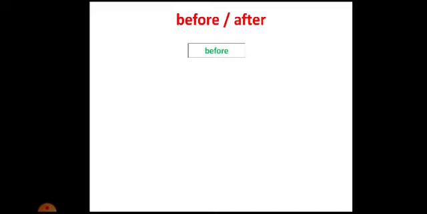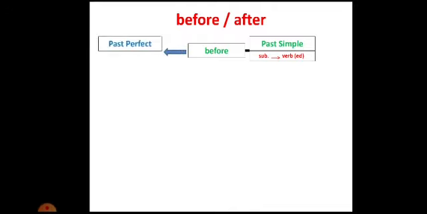Before is followed by the second action. So of course, the past simple would be with before, which is formed with subject and verb in the past form. So there will be a link with before and the past simple as one unit. The other clause or the other part is the past perfect, which is formed by the subject, had, and the past participle, as we said.